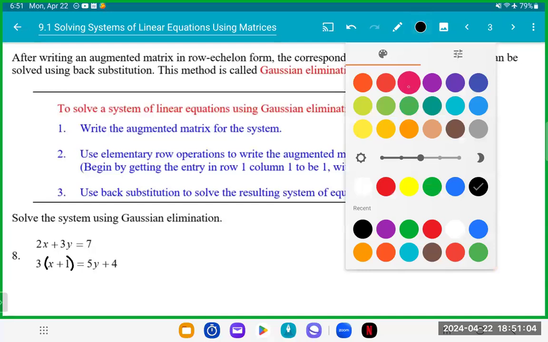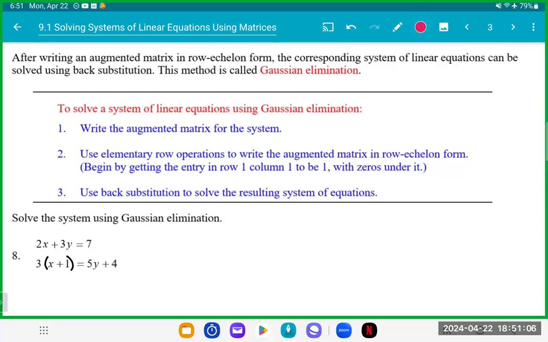Okay. So we're not concerned at this point in getting the zeros above and below that diagonal of 1s, just below. Okay. And then we'll use back substitution, kind of a mix of how we did last week's problems to solve out the rest of the problem.